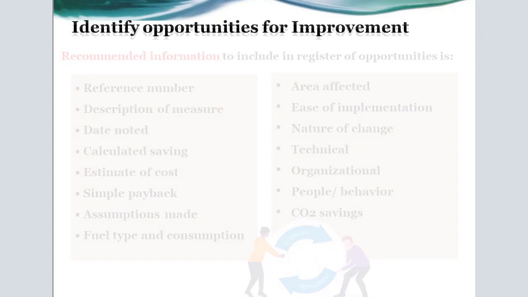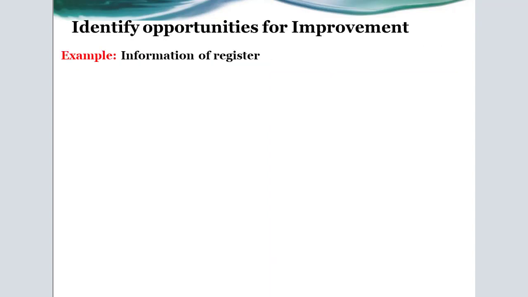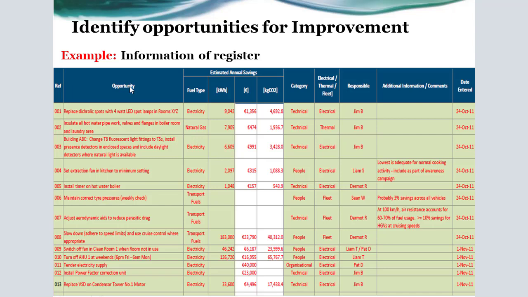Okay, now we have an example of registry information. This example represents a table. This is the reference number of the register, and this represents the opportunity, and this column has four sub-columns which show the estimated annual savings.